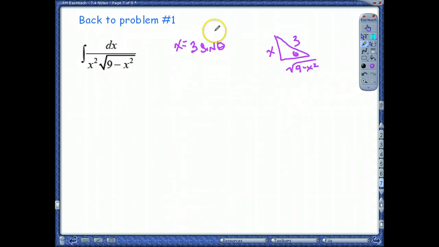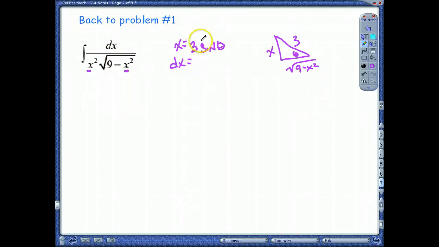Okay, now we're going to be substituting things out, and just like with u substitution, if you substitute out one x, you got to substitute all the x's out. The dx also has to go. So it's not going to be enough for me to just know what x is equal to, because yeah, that would get rid of this x, but I still have a dx. So I need to find out what I'm going to substitute in for my dx.